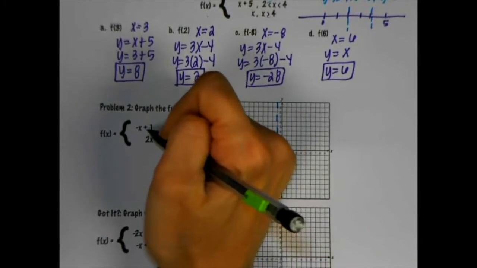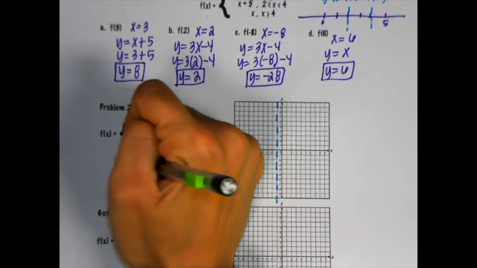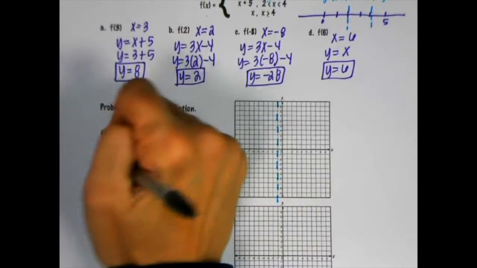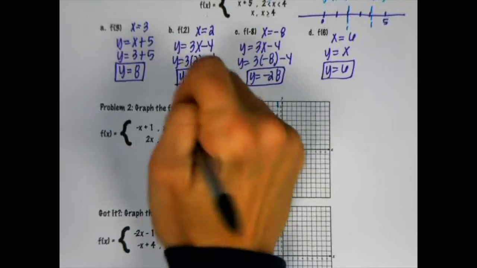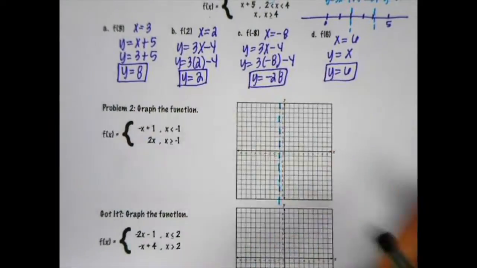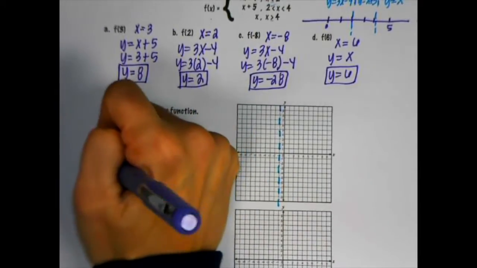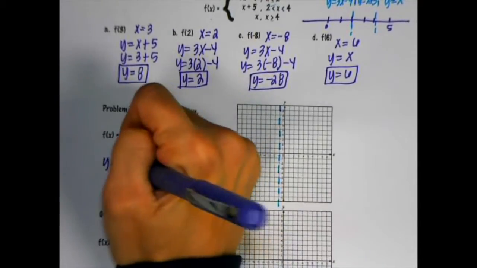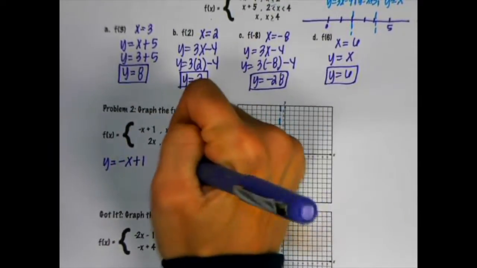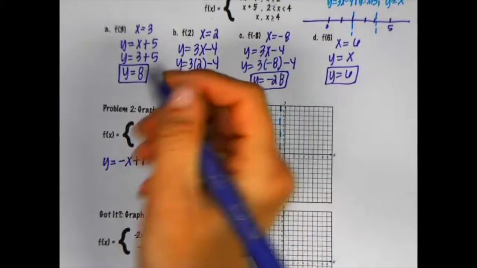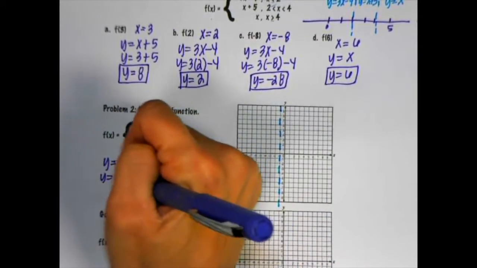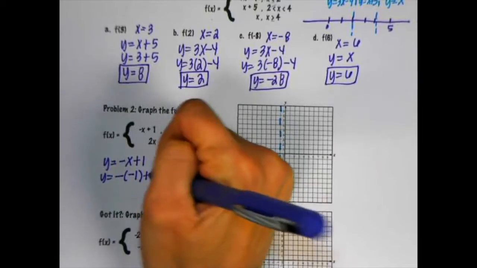So here, we have y equals, actually, I can do this in pen because we're not doing this method yet. All right, so if I have y equals -x plus 1, for x equals -1, let's plug that in. So y equals -(-1) plus 1.